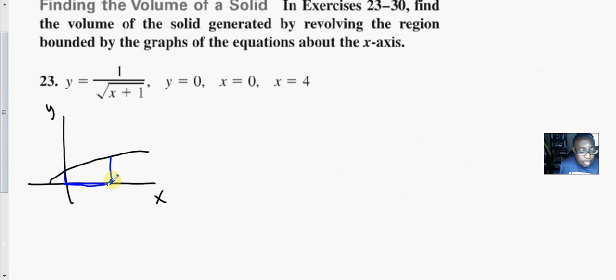And you want to revolve that about the x-axis. So if I can just put the shape over here, if you will.